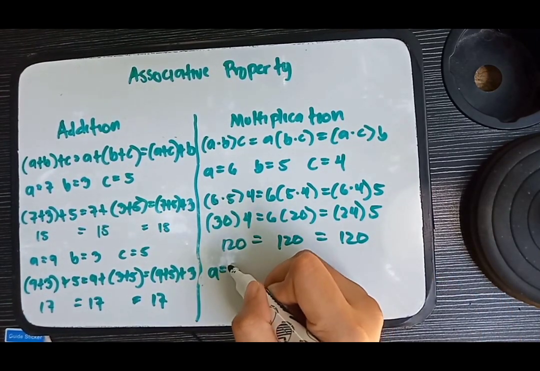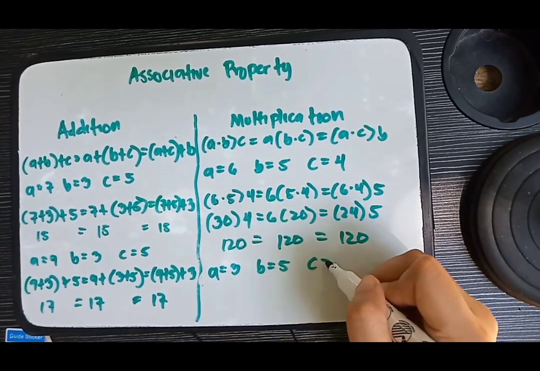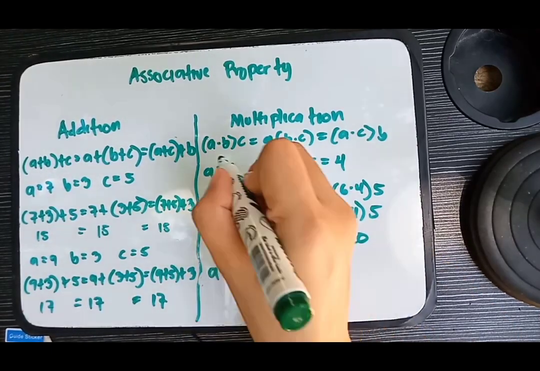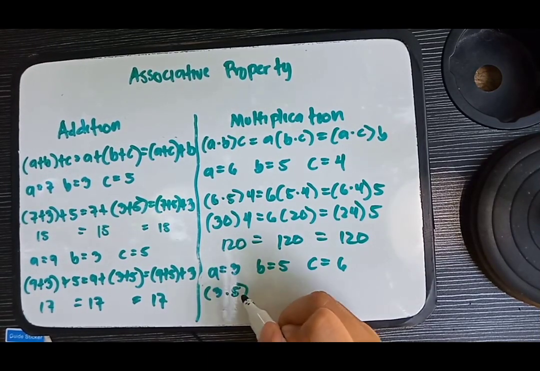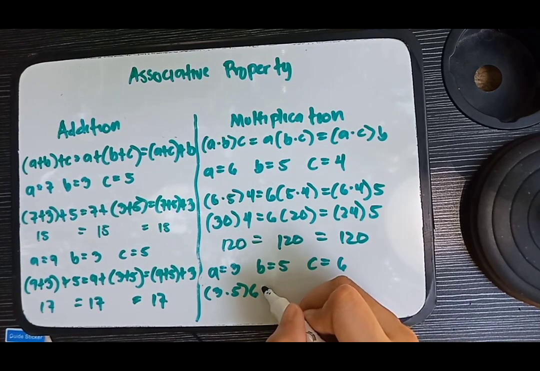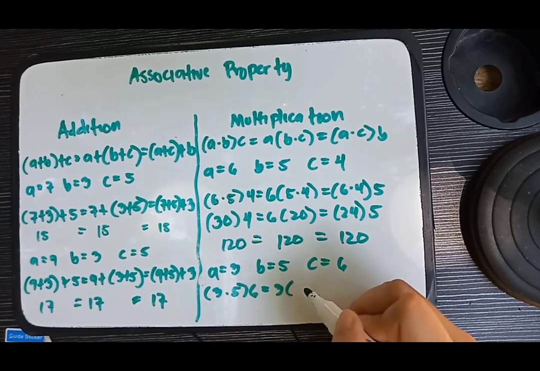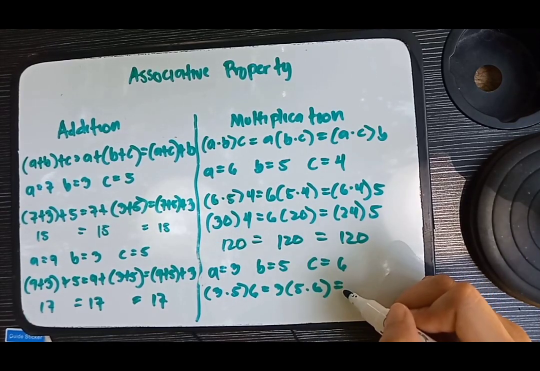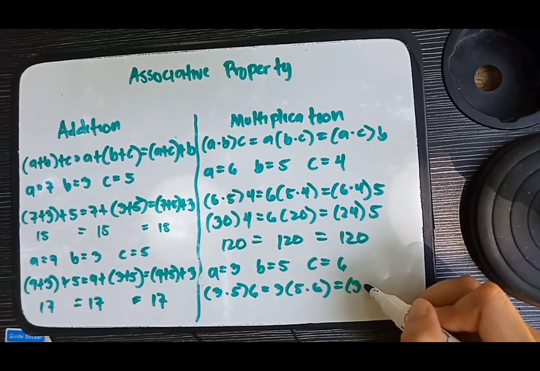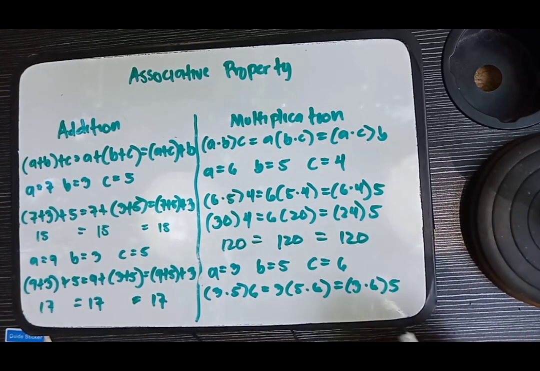So, another example. Let's say our A is equal to 3. Our B is equal to 5 and C is equal to 6. So, A times the quantity of B times C, or A is 3, B is 5 times C, or 6 is C, equal to A, or A is 3, then B is 5, C is 6, equal to the quantity of A times C, times B. So, our A is 3, and our C is 6, B is 5.